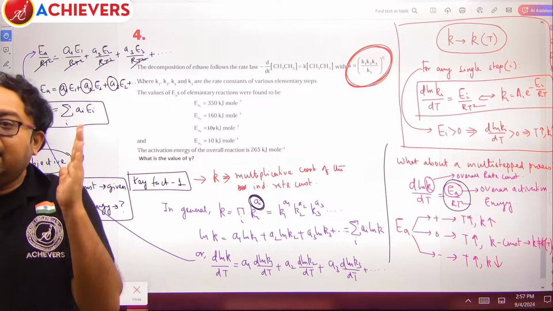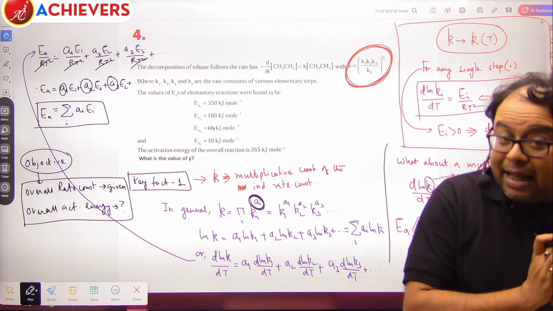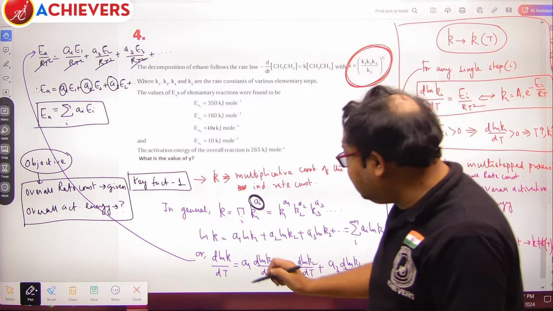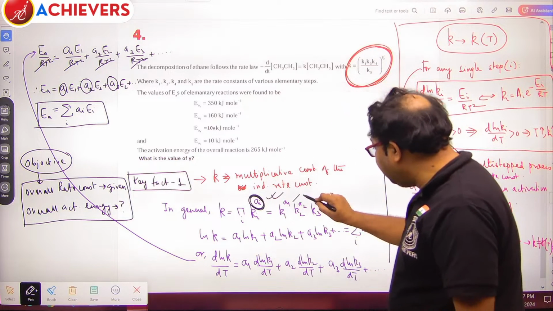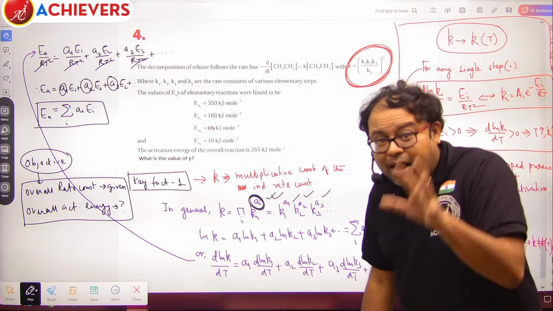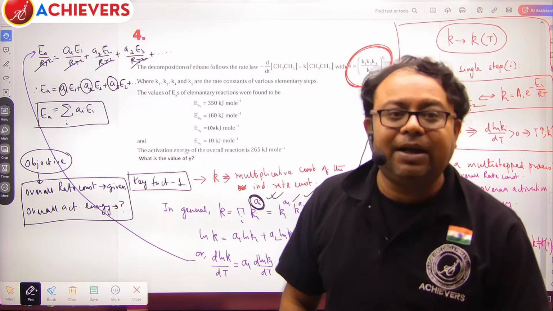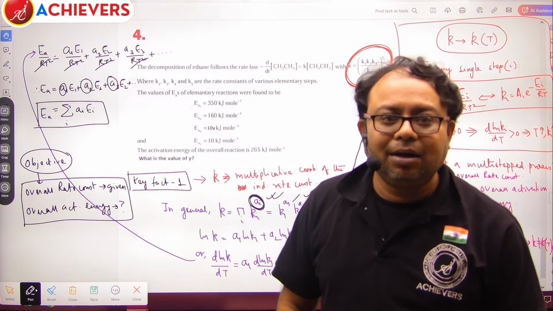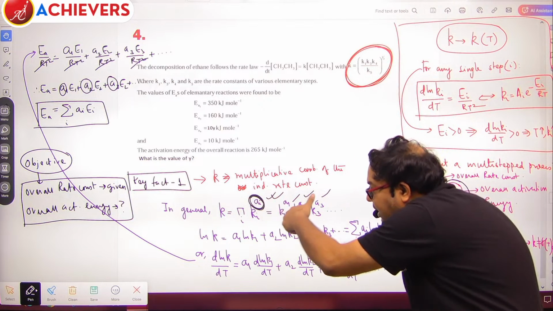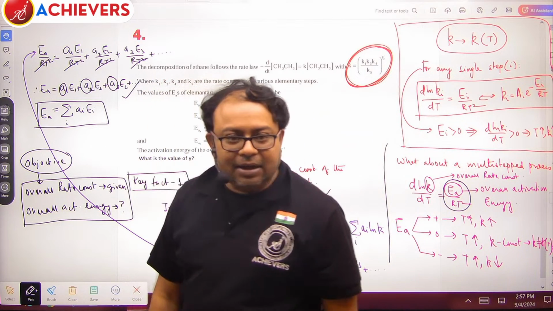When you are considering the expression of overall rate constant, then you will see that the individual rate constants are raised to certain powers, Ai, A1, A2, A3, etc. Now, if you convert it into overall activation energy, then you will see that in that expression, the multiplicative combination has become an additive combination at first.